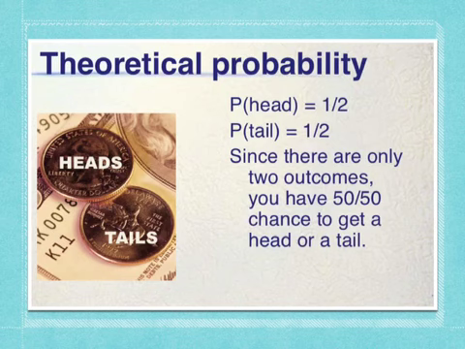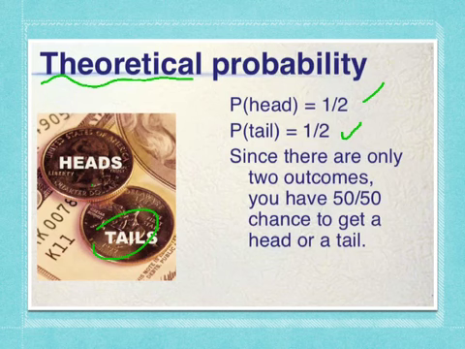We have a coin and we're going to toss the coin. It could land on heads or it could land on tails. The probability of heads is 1/2, probability of tails is 1/2. Since there's only 2 outcomes, you have a 50-50 chance to get a head or a tail. Again, that is our theoretical probability. Hypothetically speaking, theoretically speaking, that's what's going to happen.